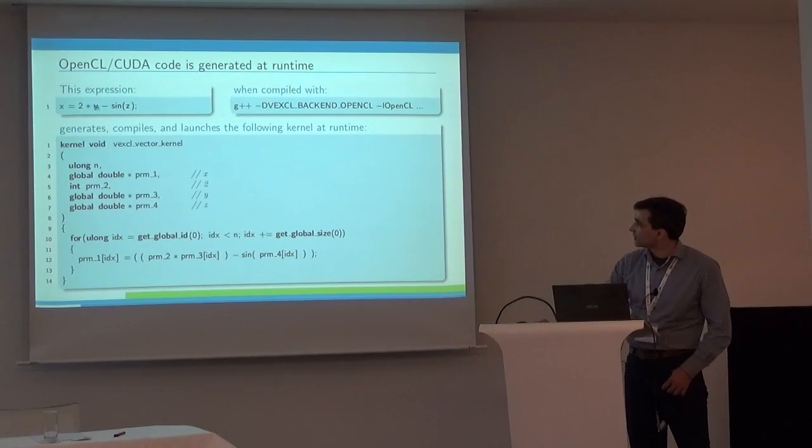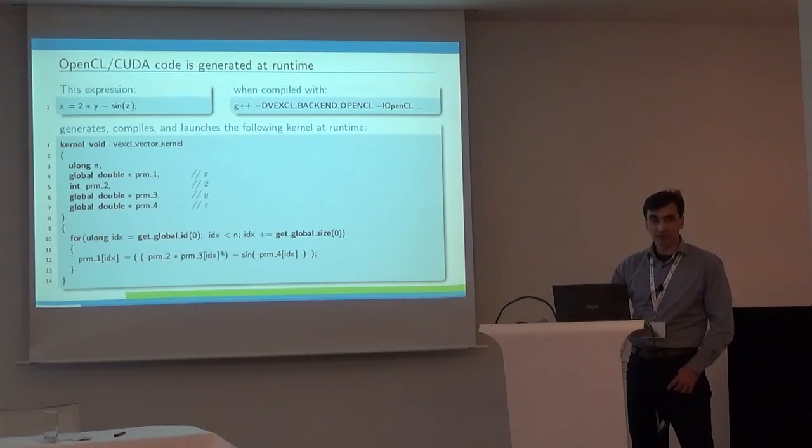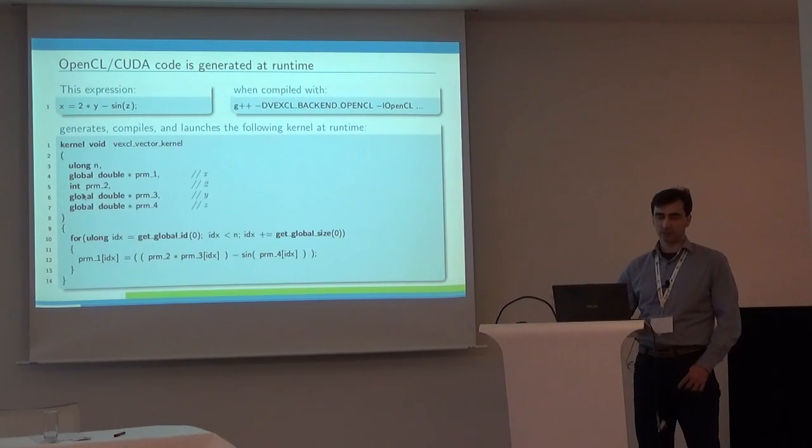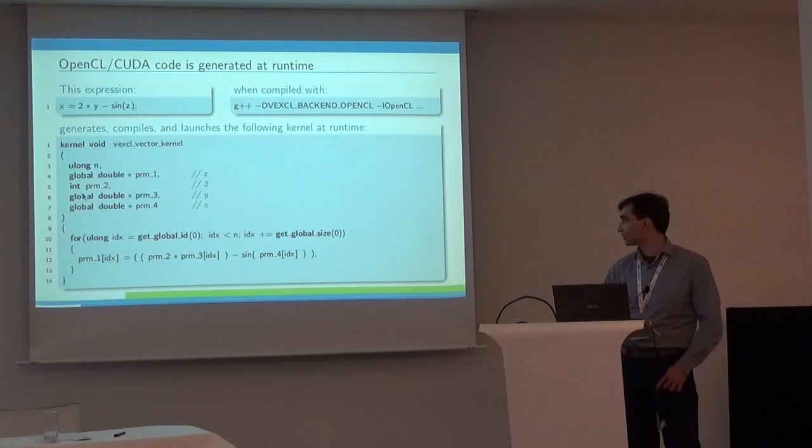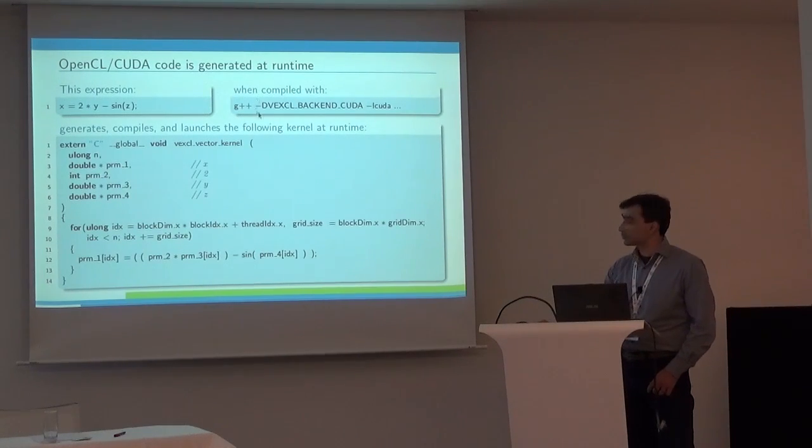So you see this expression will result in this almost identical expression here, and the leaves of the expression, the terminals, will become parameters of the kernel, and it's all handled automatically. And if you change this switch to VexCL backend CUDA, it will generate a CUDA kernel, compile it at runtime again, and run it on a CUDA-capable device.